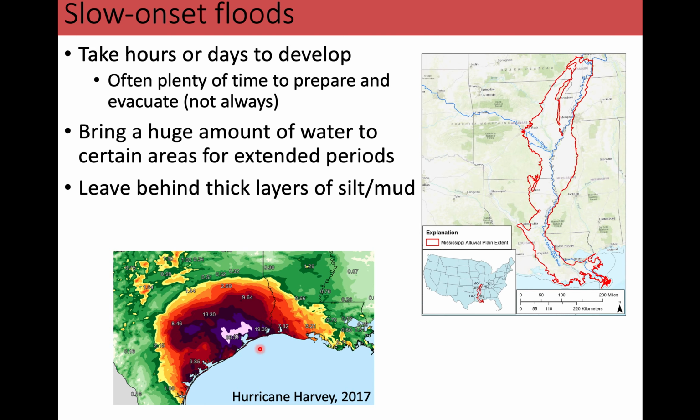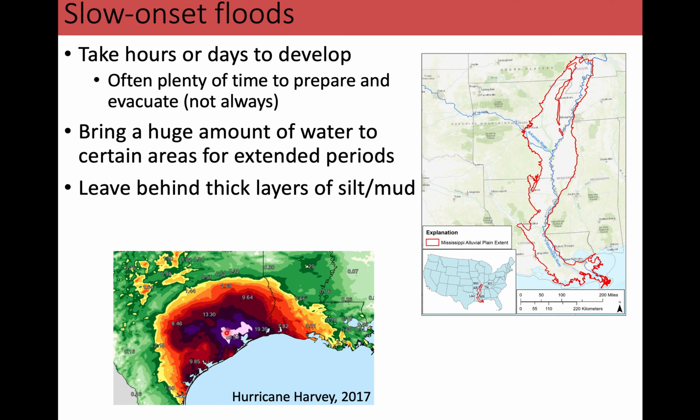This is a precipitation map from Hurricane Harvey in 2017. This is an example of when a hurricane stalled over a specific region. This is Texas right here. This is the Gulf of Mexico. This is Mexico. Here's Louisiana, New Orleans down here. You'll see that this is the maximum area of precipitation and it decreases outward.